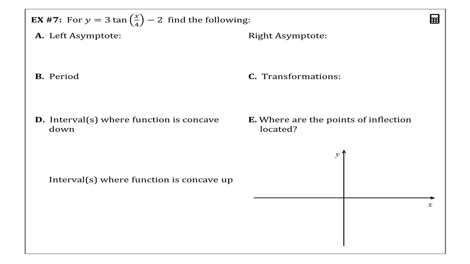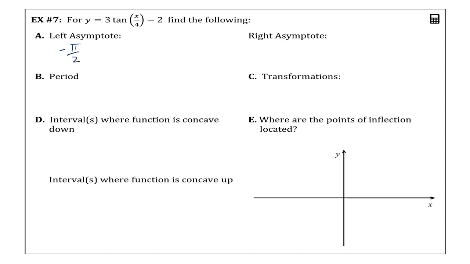Next, here we have y equals 3 tan x divided by 4 minus 2. Find the following. So we're going to find our left asymptote and our right asymptote. So to find our left asymptote, remember we're looking at what is our parent function asymptote originally at? Our parent function asymptote is originally at negative pi over 2.